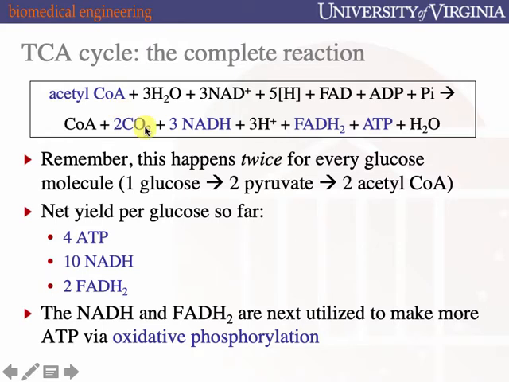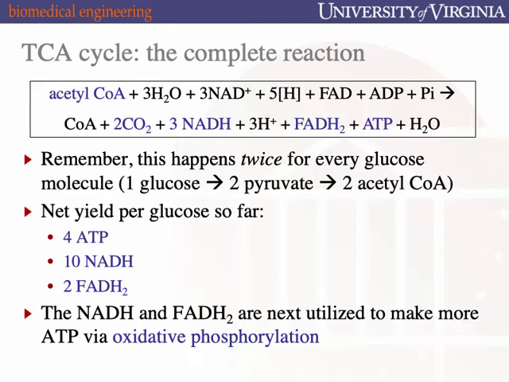When we go all the way up to the beginning from glucose, this all happens 2 times, so we have to multiply these all by 2. And if we combine this with the metabolic outputs of glycolysis and the entry pathway, here's where we currently stand. We had 2 net ATPs generated by substrate level phosphorylation in glycolysis. We made 4 but took away 2 during the substrate preparation.